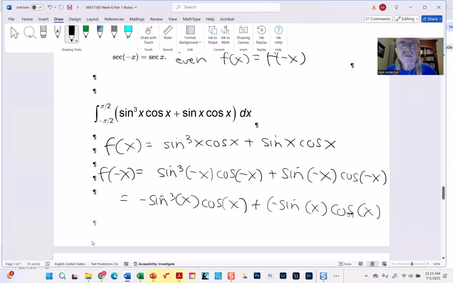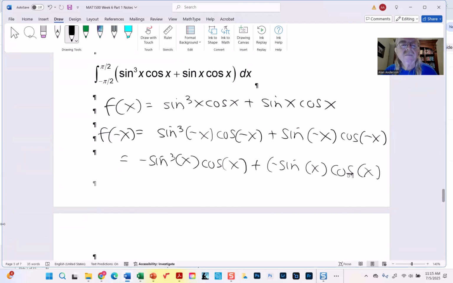So if you look carefully, you'll see that what you're seeing here could be obtained by simply multiplying the original function by -1. Oh, sorry, it's f of -x. That's right. So that means that it's an odd function.